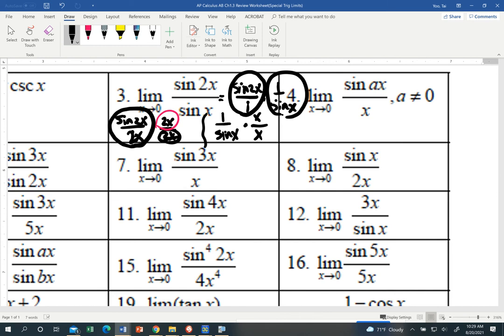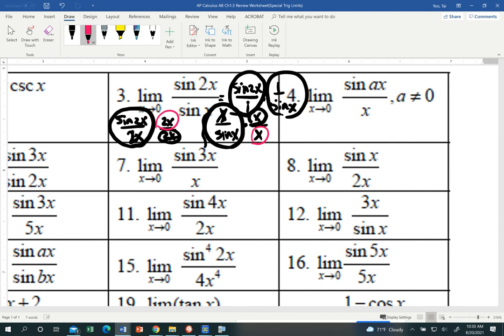Am I taking the top x or bottom x? Top x. I'm taking the top x and moving it over here. What is x over sine x? 1. But we still have this x left over.